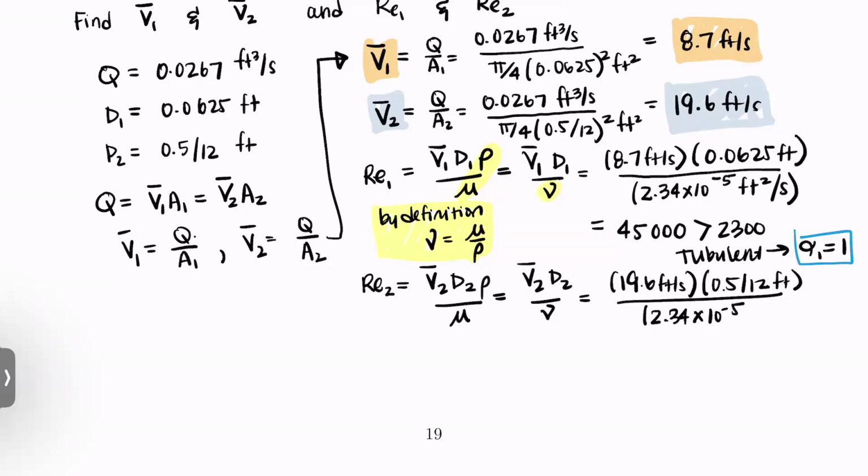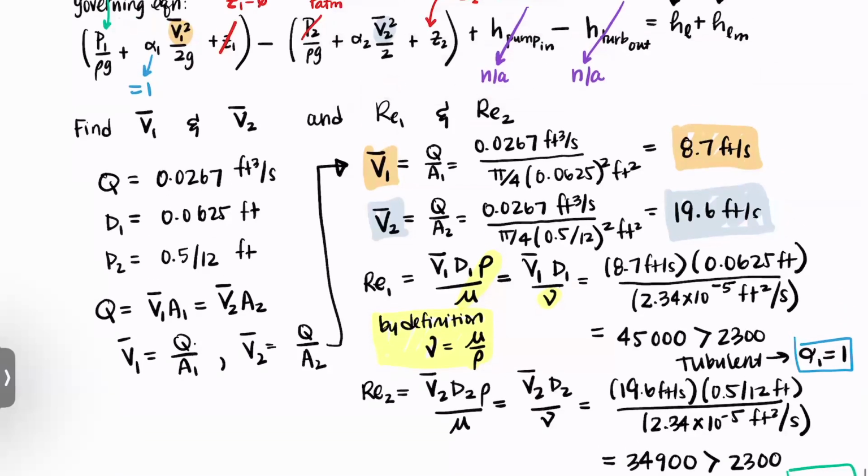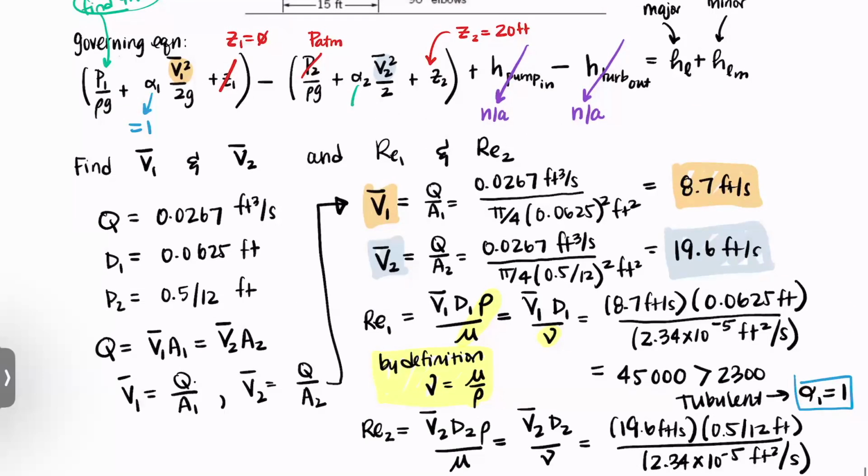So we have 2.34 times 10 to the minus 5 feet squared per second. And this is 34,900. Which is again greater than 2,300. So this is also turbulent. So we're going to say that alpha 2 is also equal to 1. So I have alpha 2 equals 1.